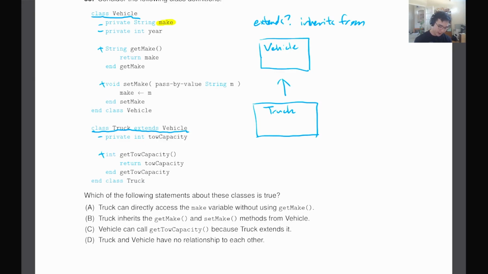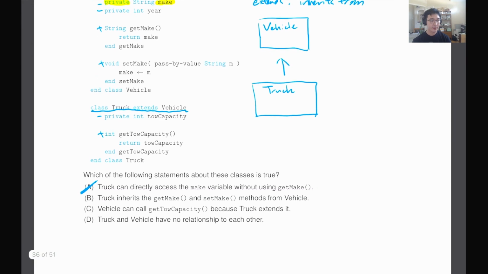And we notice another thing is that it is private. So something to know about private is that other classes cannot directly access private things. And yes, I know that the Truck class does extend the Vehicle class, but if you can see in the UML diagram, they are still different classes. So because the make variable is in the class Vehicle and it is private, the Truck class cannot directly access that make variable. So A is false.